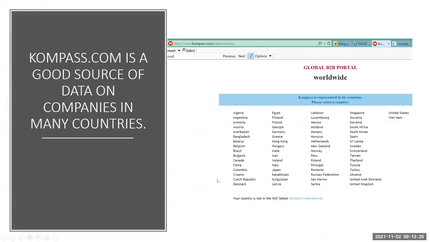So if your target market is one of these countries and you click on this, and I'll show you in a demo in a moment, you can then start to identify companies that are involved in the trade. So Kompass International, there are different levels of service, and we'll talk about that briefly as to how much information you get and what's available.